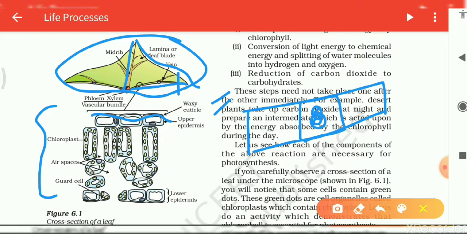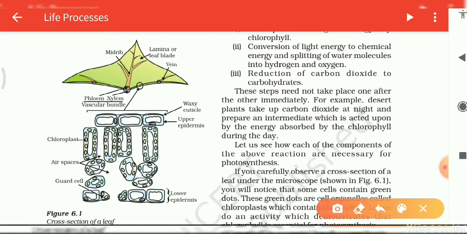The waxy cuticle prevents the leaf from damage or destruction. If you keep these leaves inside water also, the leaf will not be damaged because of the presence of the waxy cuticle.